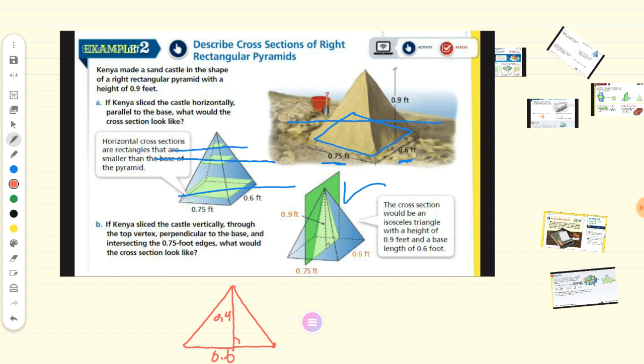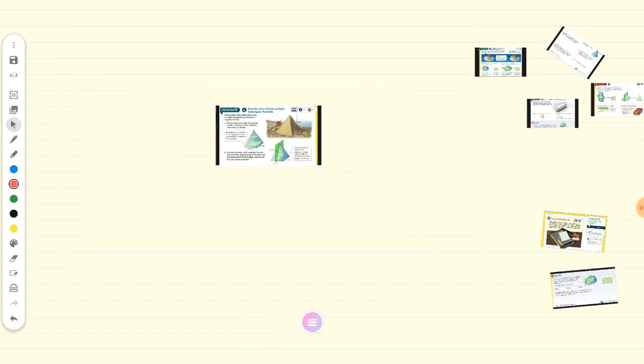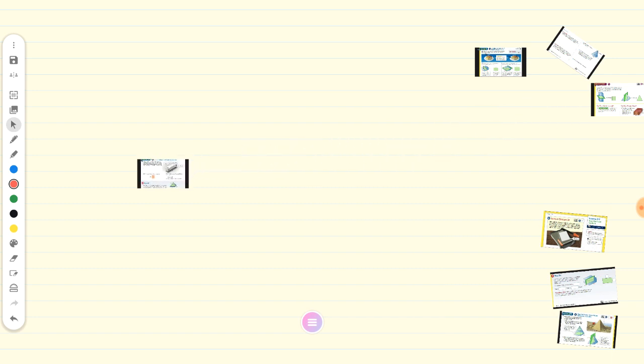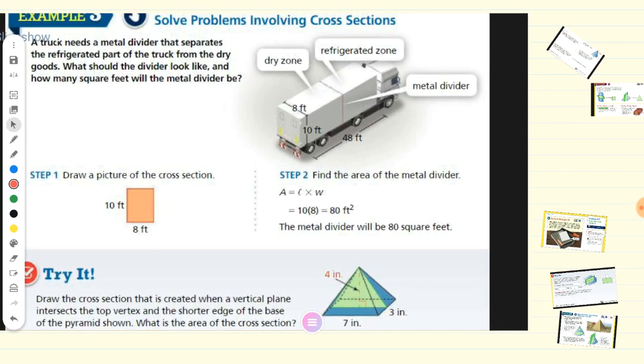Okay. Another example. A truck needs a metal divider that separates the refrigerated part of the truck from the dry goods, okay.